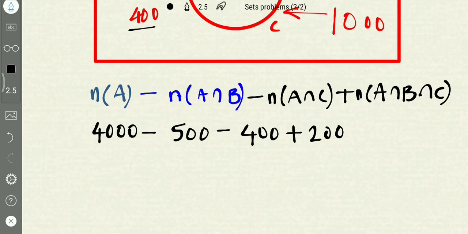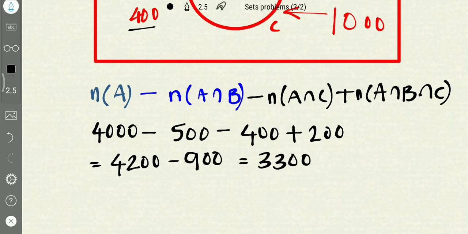So the answer will be 4000 plus 200, it is 4200, minus 900. It will be 3300. 3300 students opt for only electronics.